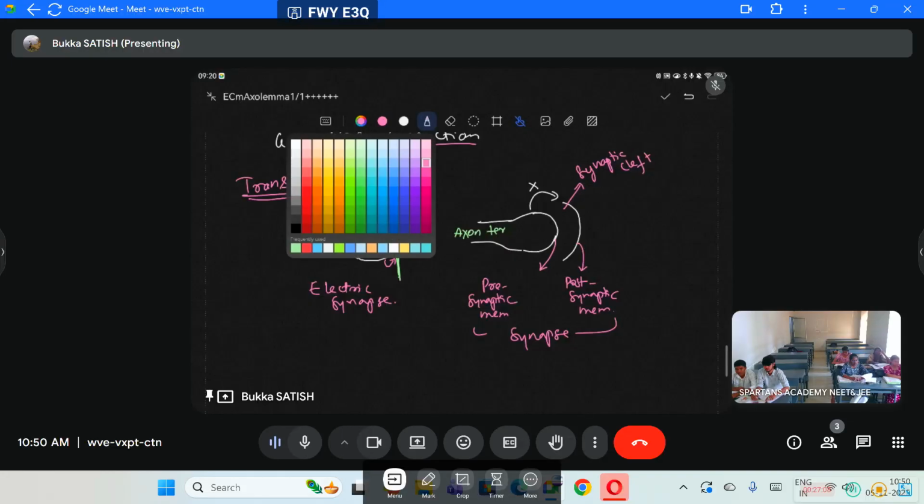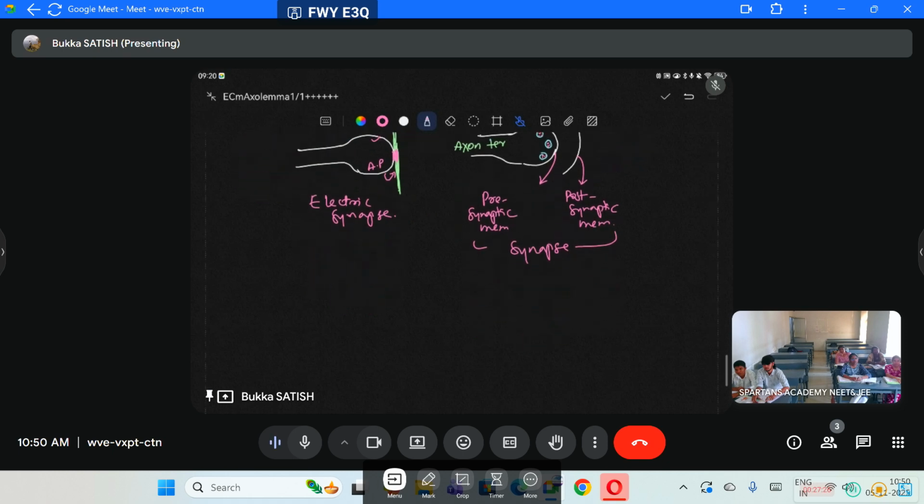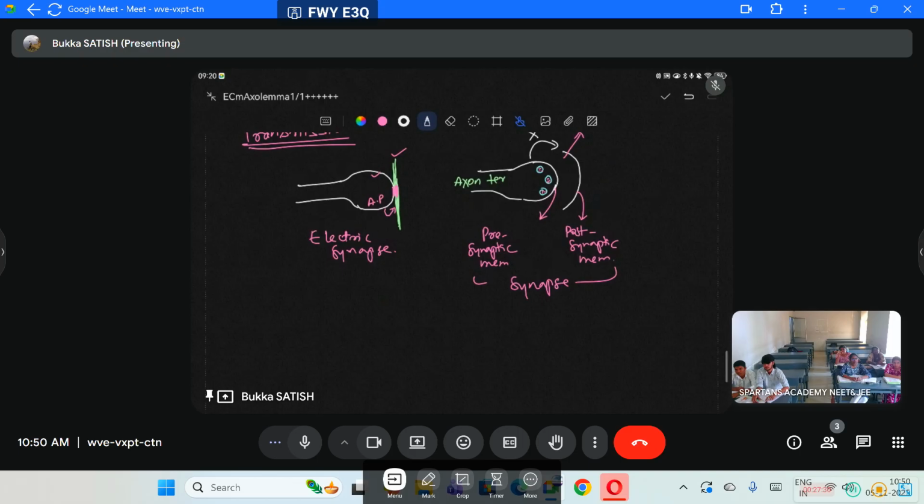Here comes the role of neurotransmitters. Inside this axonal knob, there are vesicles. These vesicles are filled with chemicals called neurotransmitters.